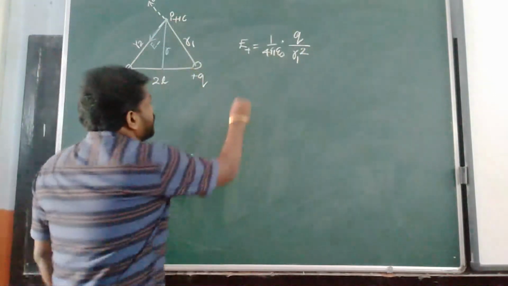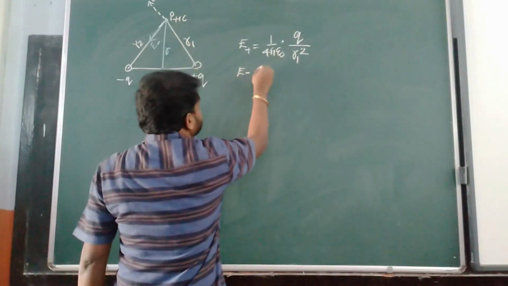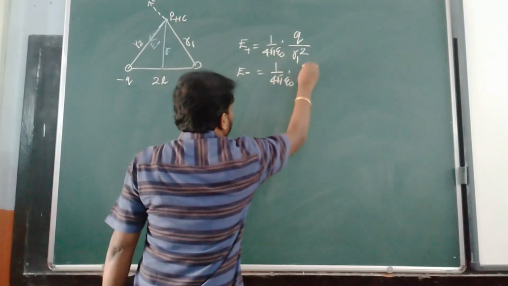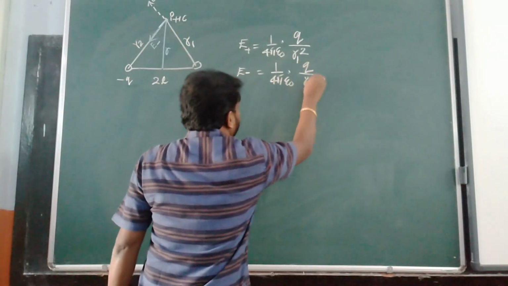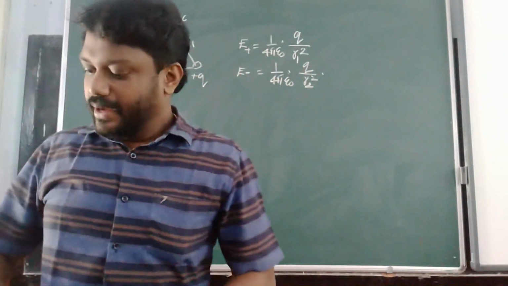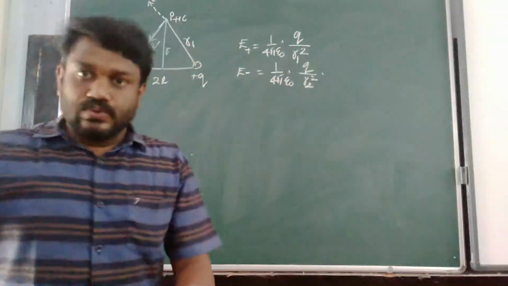Then E minus is equal to 1 by 4 pi epsilon 0 Q divided by R2 square.